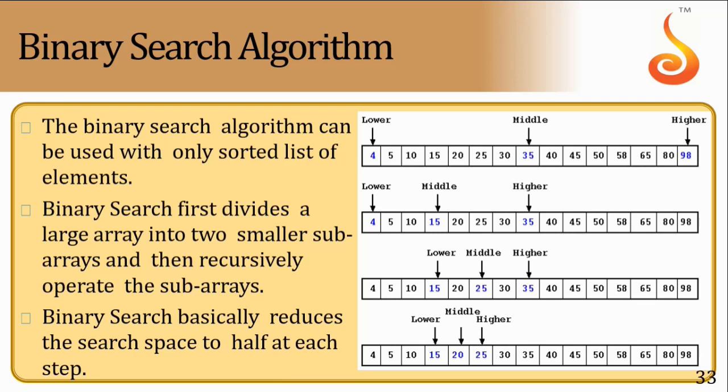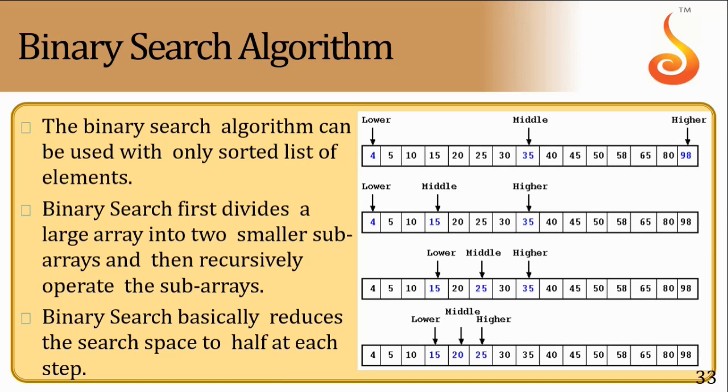So that is one of the major differences between linear search and binary search. In binary search, the elements of the list have to be placed in an order. It can be either ascending or descending order. Please make a note of it because you cannot apply binary search on an unsorted list.